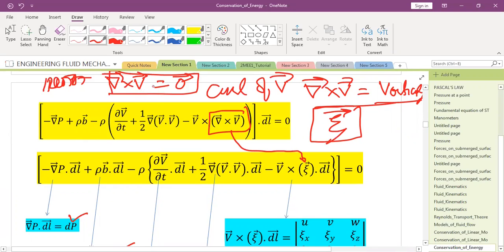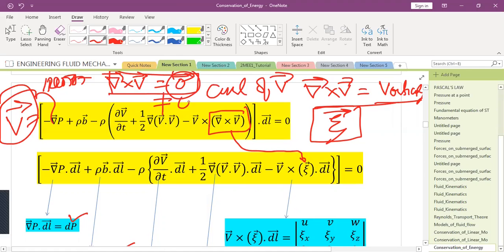So that is the definition of irrotational flow. So mathematically, if you are given some velocity field and someone asks you whether the flow field is rotational or irrotational, you will simply take del cross that velocity vector, and if it comes out to be a null vector, then you will say it is irrotational. If it is not equal to null vector, then it is rotational flow. It is as simple as that.